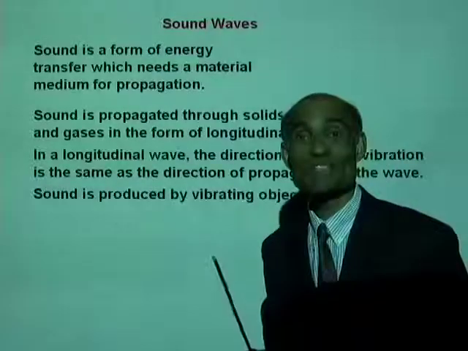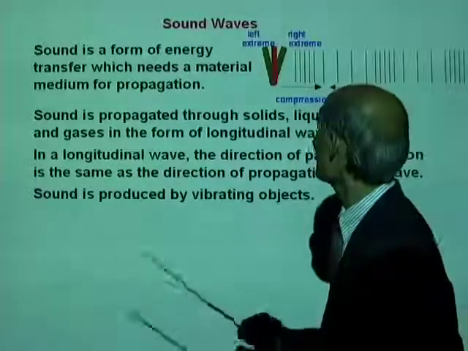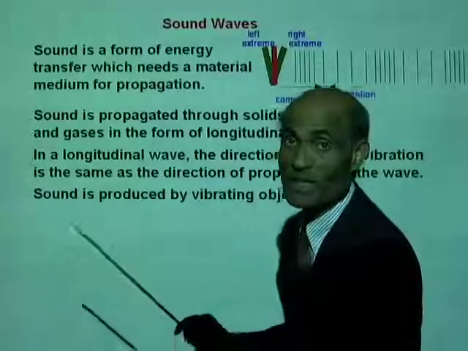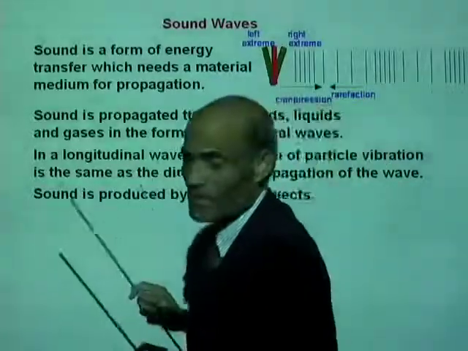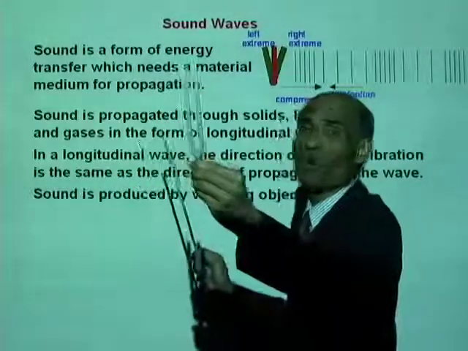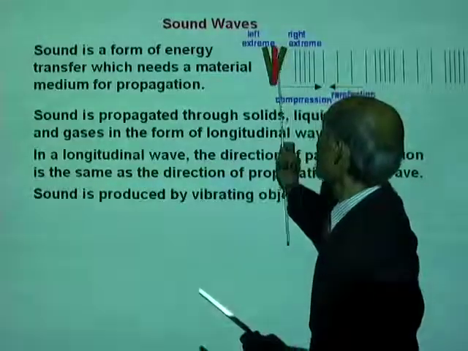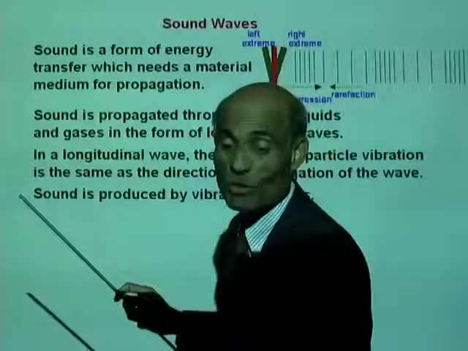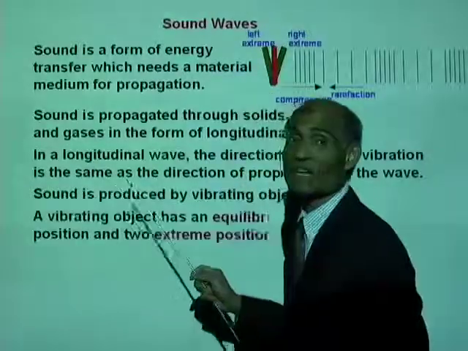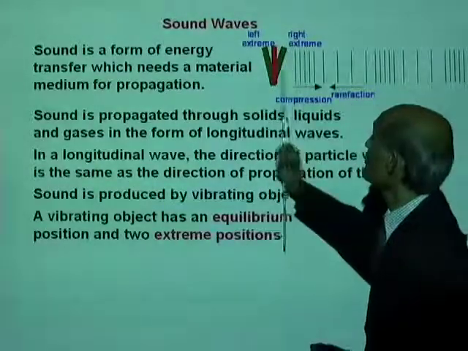Of course, we already said sound is produced by a vibrating object. Now here I have shown something similar to the tuning fork. Now a vibrating object has an equilibrium position and two extreme positions.